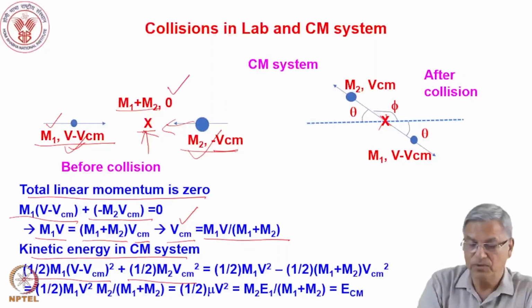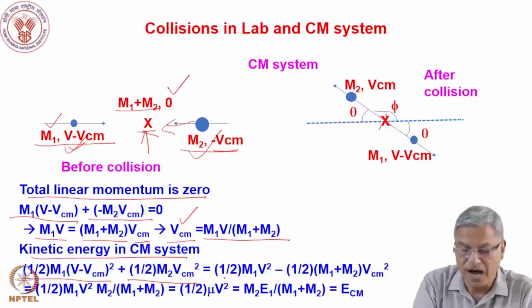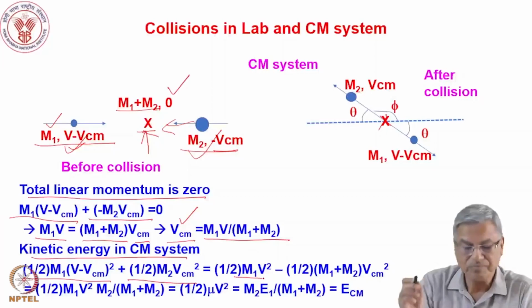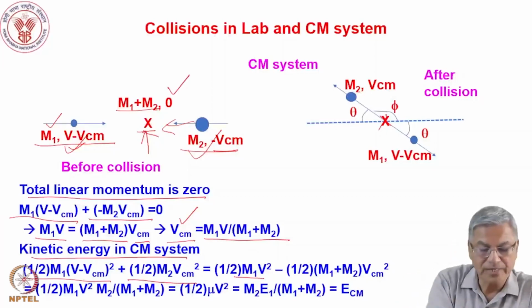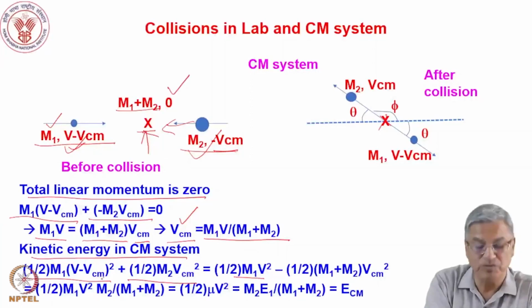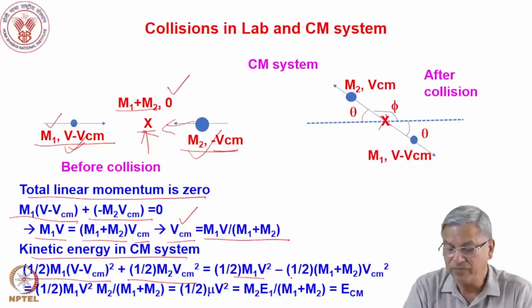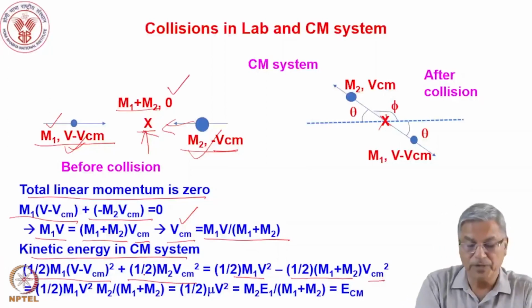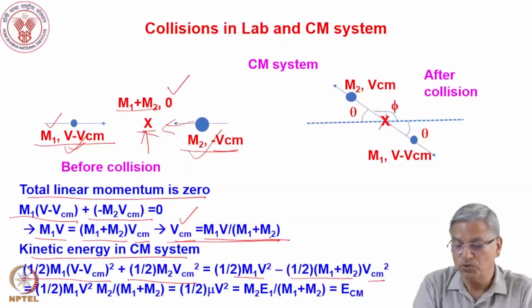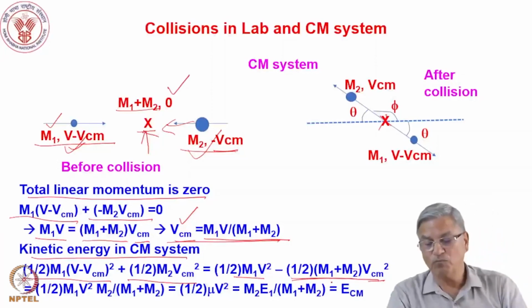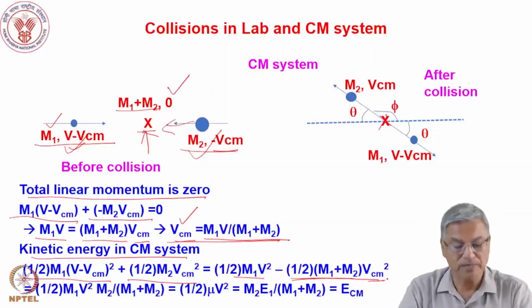So you can now calculate it. Half m1 V square plus VCM square minus 2 V VCM. So you can write half (m1 plus m2) VCM square. In fact, if you open it up and substitute for the VCM from this equation, VCM equal to m1 V upon m1 plus m2, you can write out, this will be equal to half (m1 plus m2) VCM square.